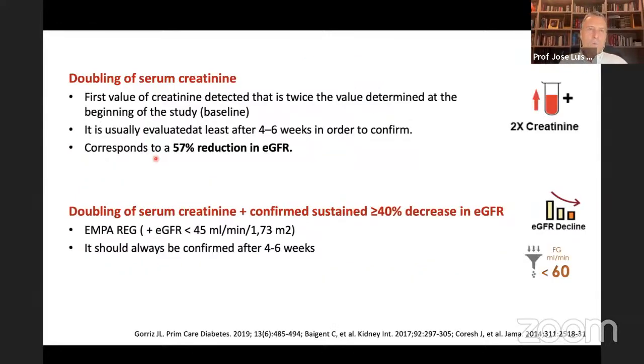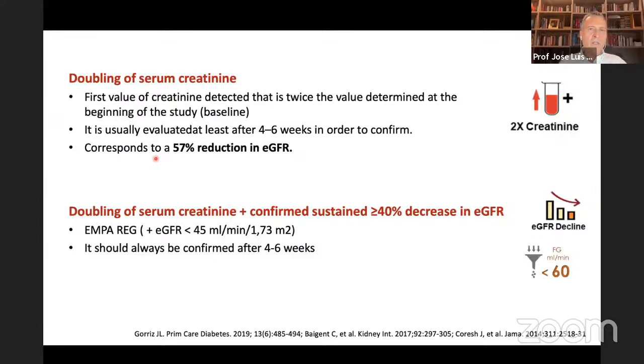So first, what's doubling serum creatinine? Very often used. Doubling serum creatinine is the first value of serum creatinine detected that is twice the value determined at the beginning of the study, the baseline. So I have 1 milligram per deciliter of creatinine, and the patient passes 2 milligrams during the follow-up of the study.